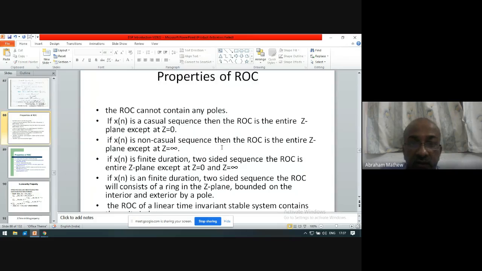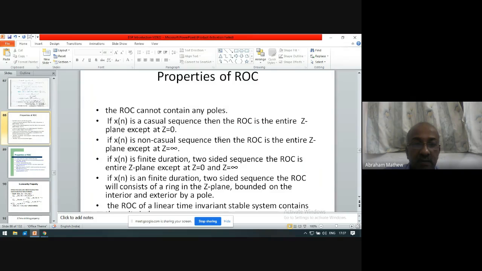We can have the properties of ROC. Properties of region of convergence. The ROC cannot contain any poles. If x of n is a causal sequence, then ROC is the entire Z plane except at Z is equal to 0.